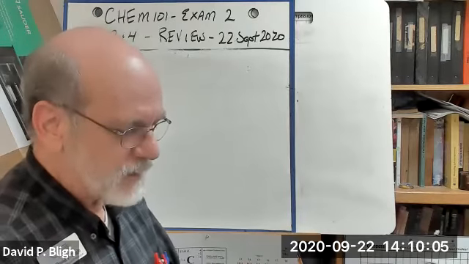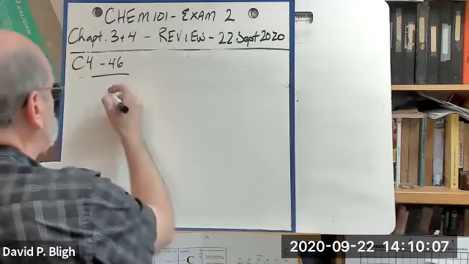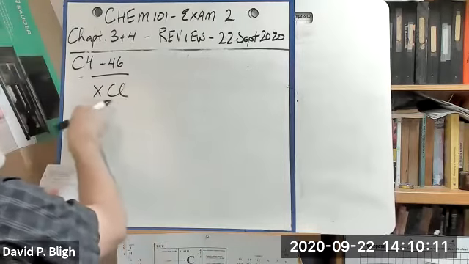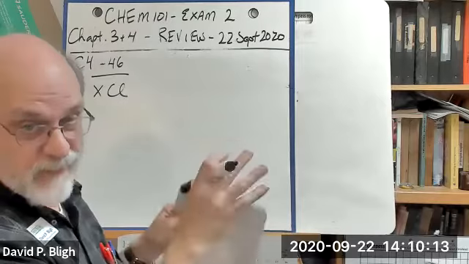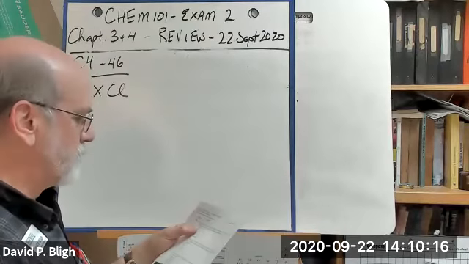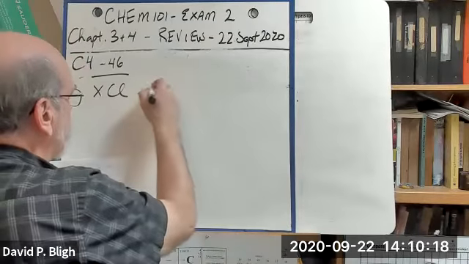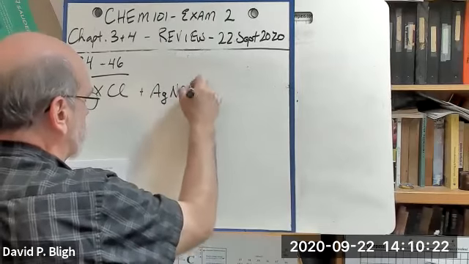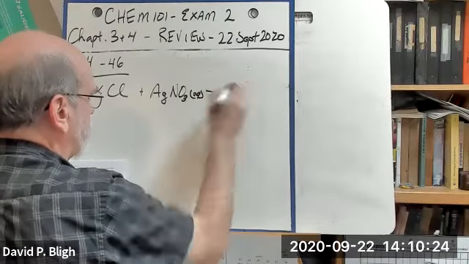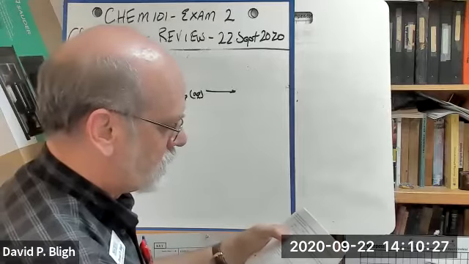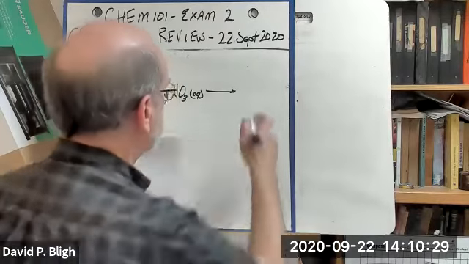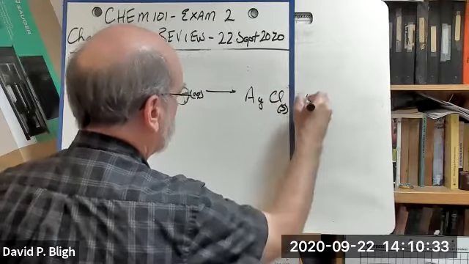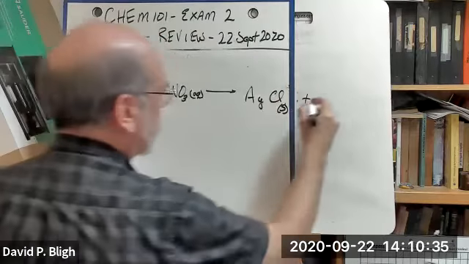Well, we have a metal chloride. We don't know what the ratio is here, but it may not matter. So let's keep going. We're going to react that with silver nitrate solution, and produce silver chloride, solid, plus the metal nitrate.